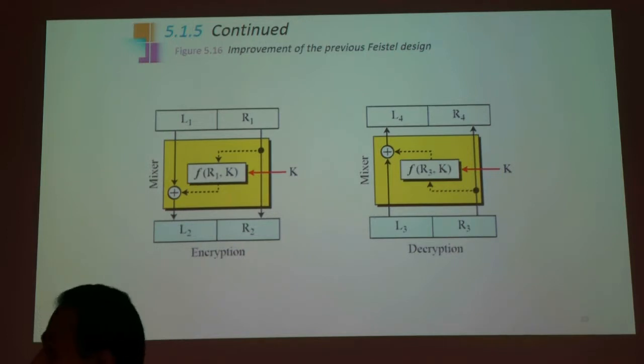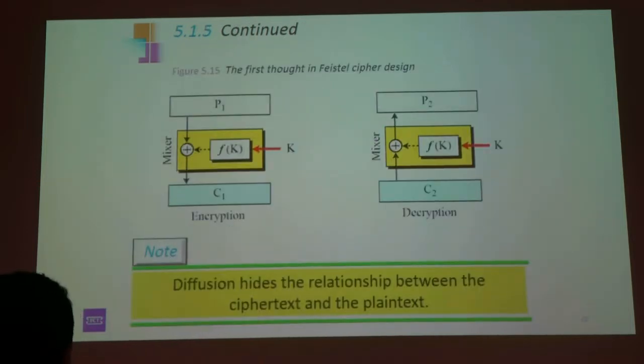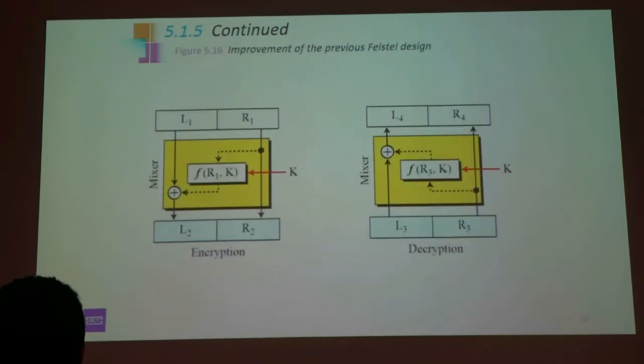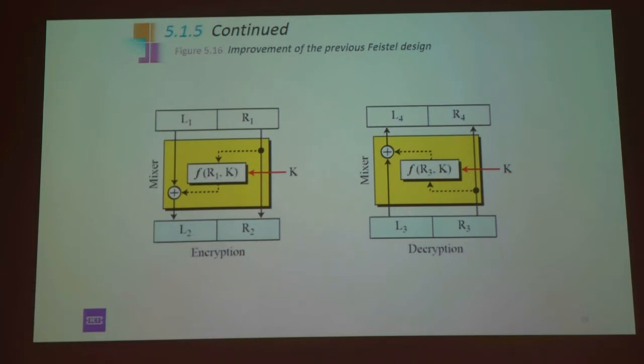Before, you took the plain text and changed it completely, and then you had the output. Now you're taking only half and changing it, and passing the other half through as is. So it should be less secure.